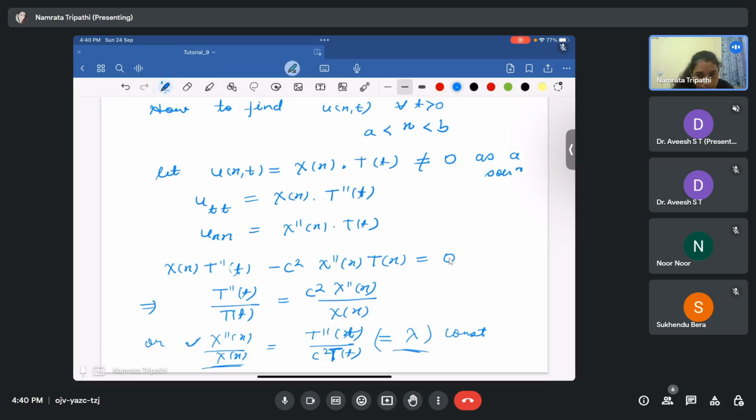You will get the value of u(x,t) with the help of capital X and capital T. Because of variable separable, you have to solve separately for X and the expression for T also. Then you can take the product of those two expressions and you can get the answer. Please try to solve in this way, then you can get the answer. Is it fine?